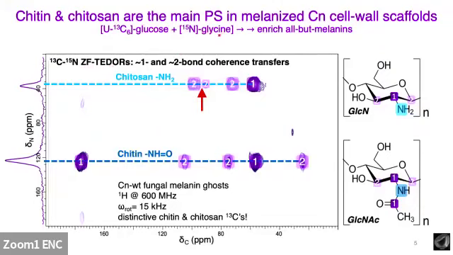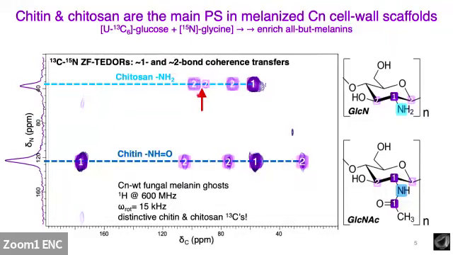So this was labeled with both carbon and nitrogen. And these are actually 2 overlaid spectra, each one optimized for the number of bonds, really the distance that we are sampling. And we see right away that the nitrogen-containing polysaccharides, the chitin and the chitosan, just stand out, can be distinguished, and we can identify all of these peaks.